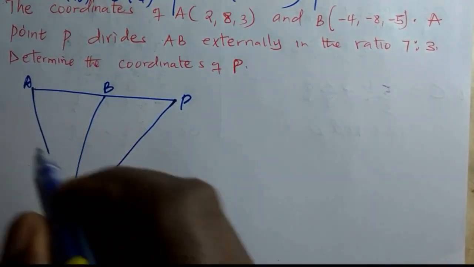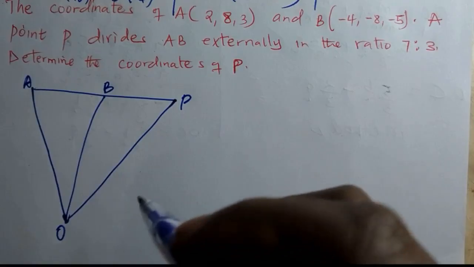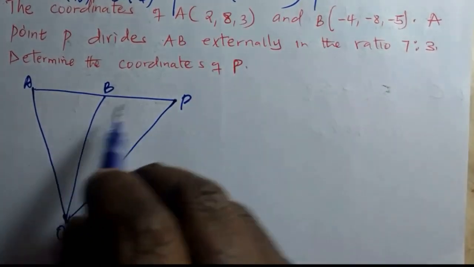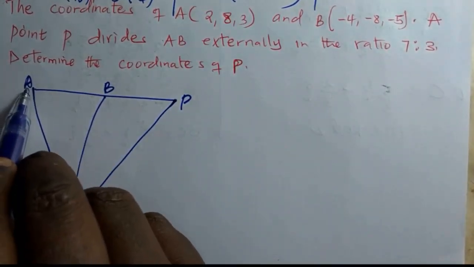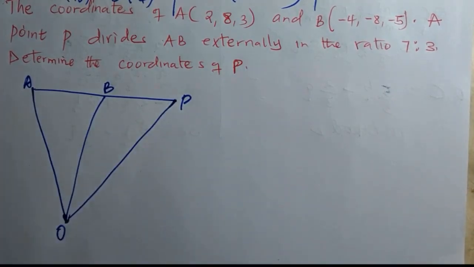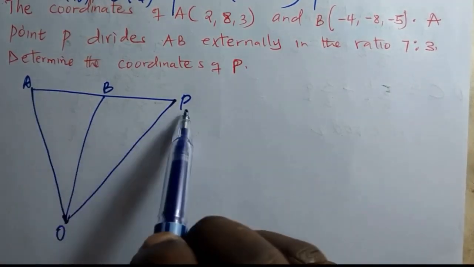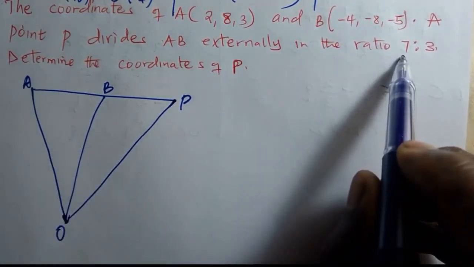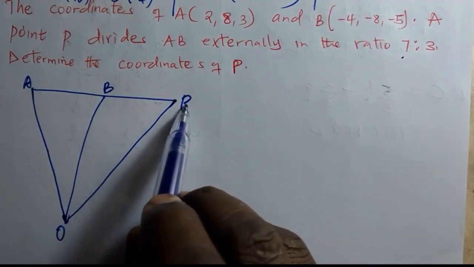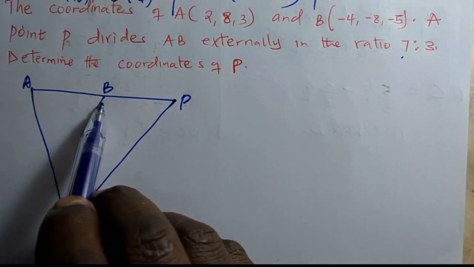We have the coordinates of A. This is O. So from A to P is 7 units. From P to B is 3 units.